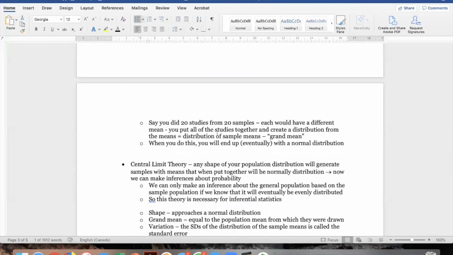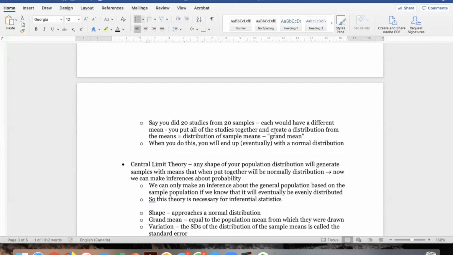If you put all of those studies together, and then you take the mean of each one of those and put them together, you have what they call a grand mean. And it's basically just a distribution frequency curve, but instead of being specific scores in a sample, it's actually the mean of all these different samples.